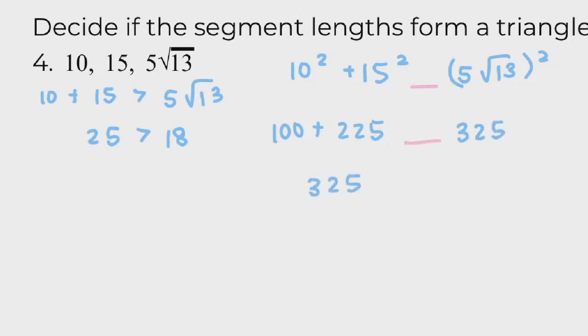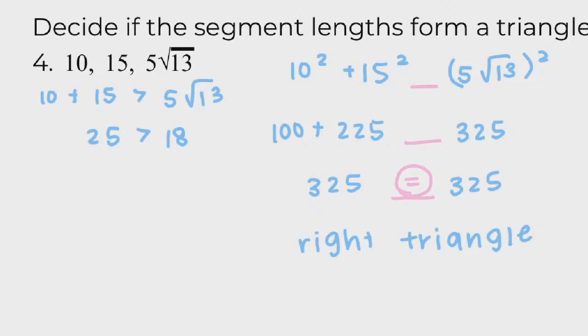So we have 325, 325. So that means this here in the middle would be an equal sign. Since it's equal, that means this will be a right triangle. I'm using that table that was included in the previous page.